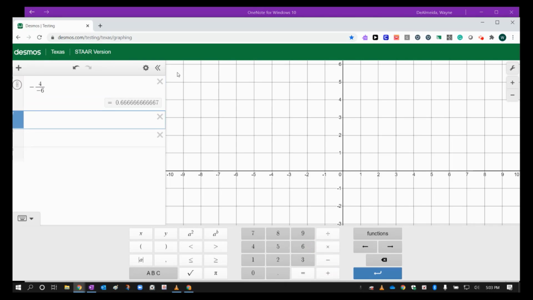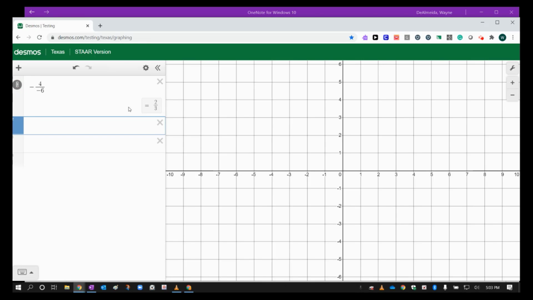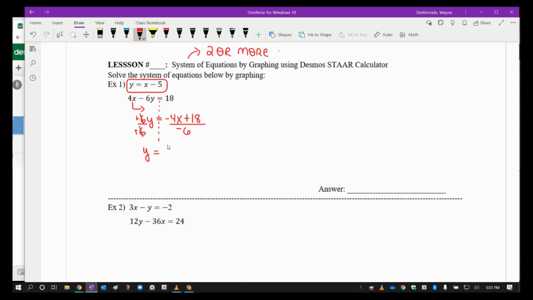Press enter. We get a decimal, so we click on this circle right here, and that changes the answer to a reduced fraction. I'm going to use that in our equation here. So 2/3 x, and then 18 divided by negative 6 is negative 3. With that, we get the y alone, so we can put a box around it.